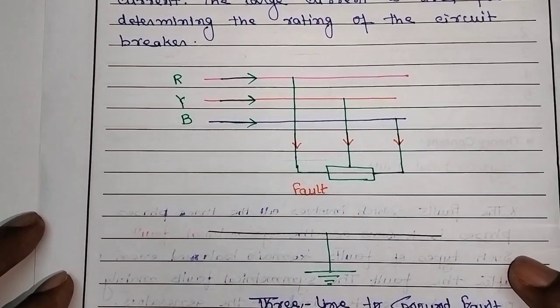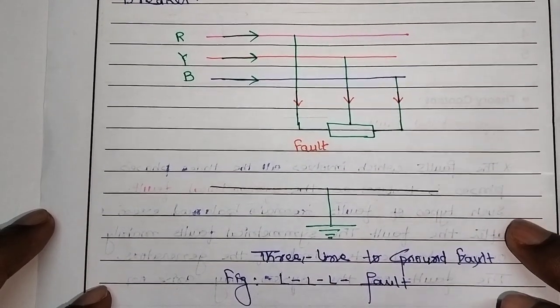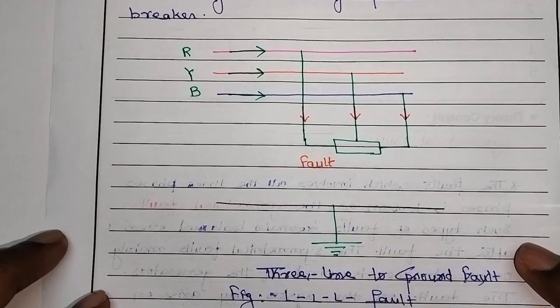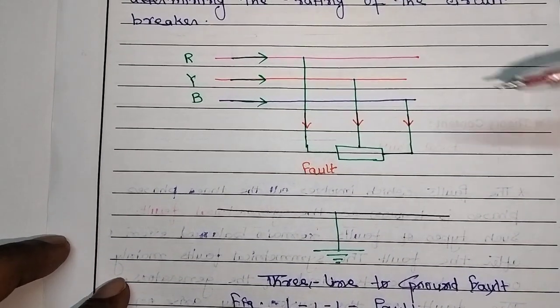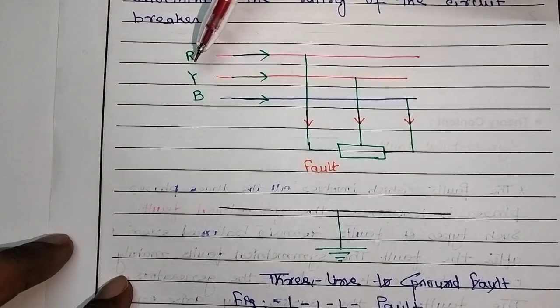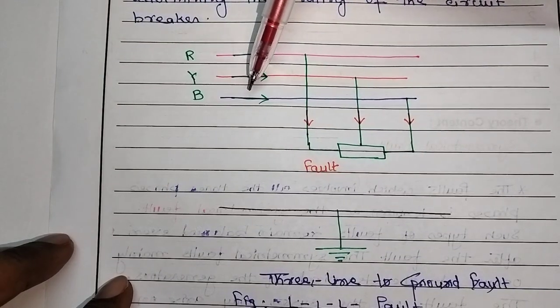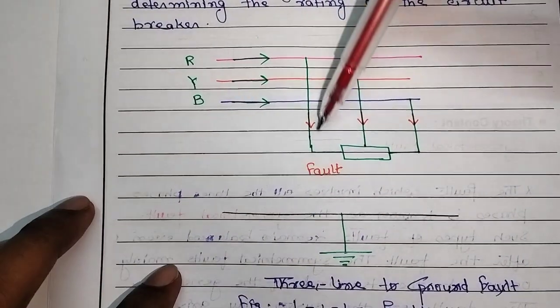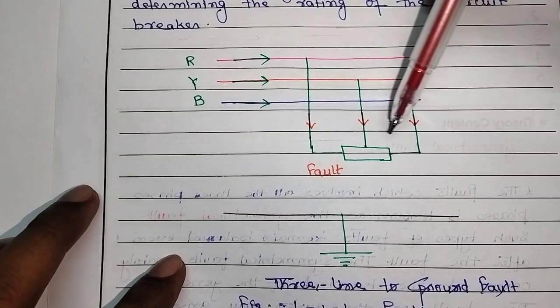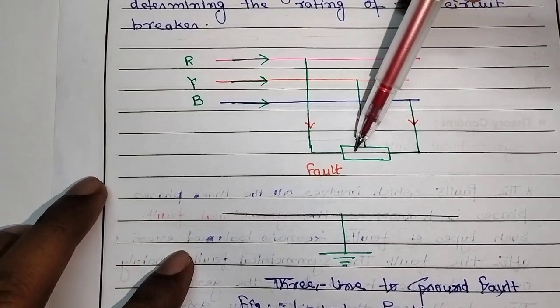Here I have drawn the diagram of the LLL fault. This is one conductor, R, Y and B are there. Here all three are touched and it creates the fault.